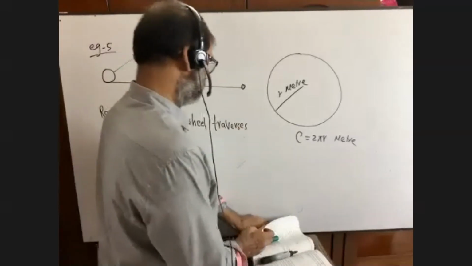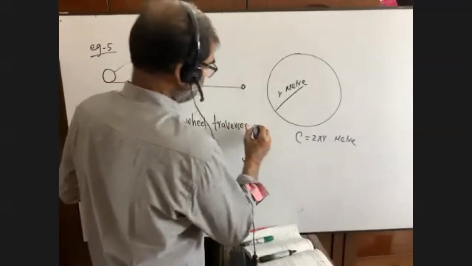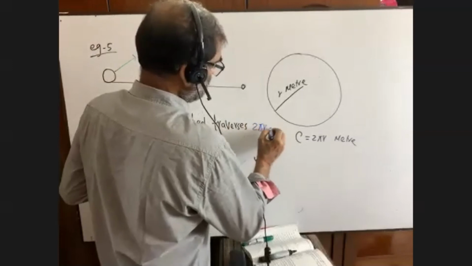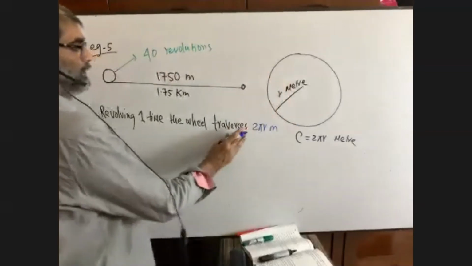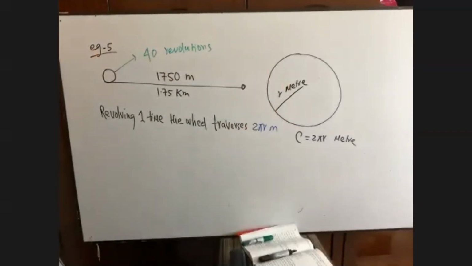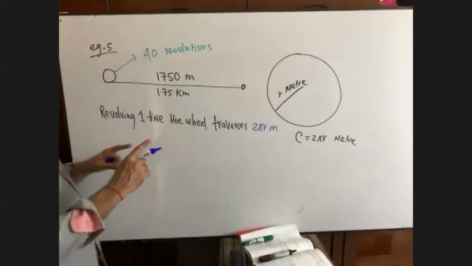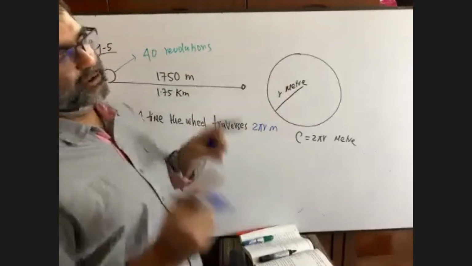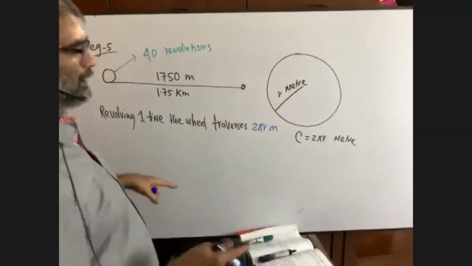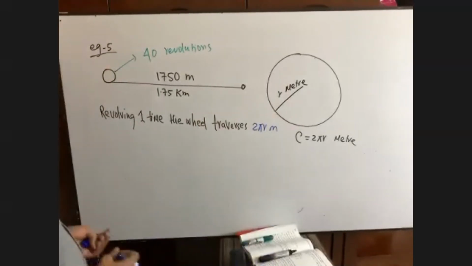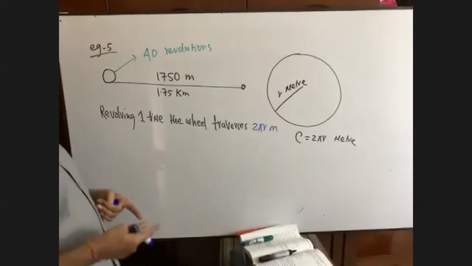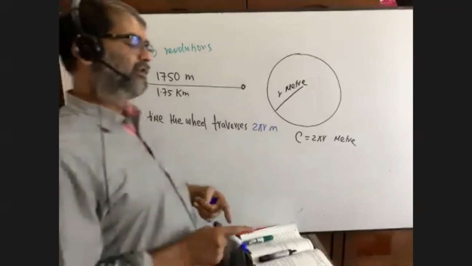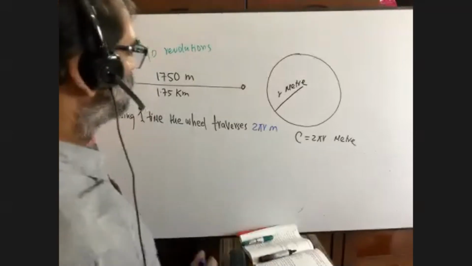What I have told you? 2 pi R meter. Am I right? If the wheel revolves one time, then it travels a distance equal to its circumference. I have been telling you for the last 2 days. Revolving one time, a wheel traverses a distance equal to its circumference.